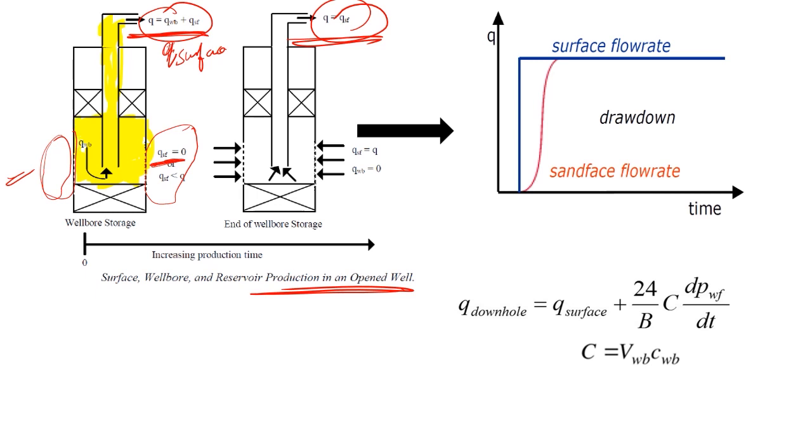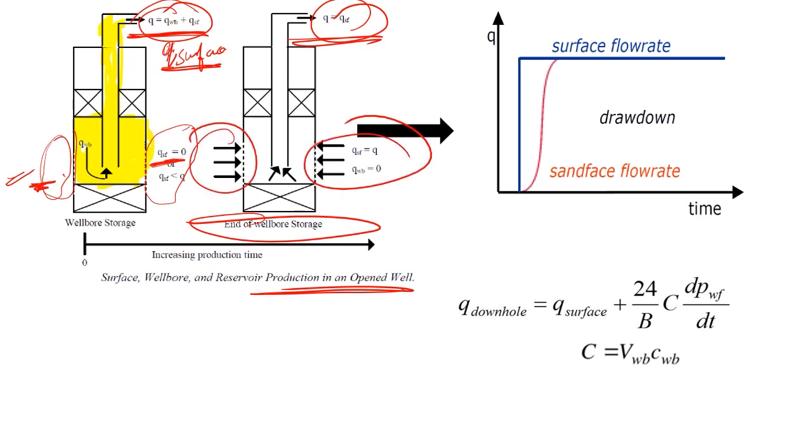Now it gets expanded, and because of this expansion of the fluid in the wellbore, I am getting the surface flow rate. Again, at the sand phase, or from the reservoir, there is no fluid coming. Only after some time, at the end of wellbore storage, can you see the flow from the reservoir or the sand phase coming into the wellbore.